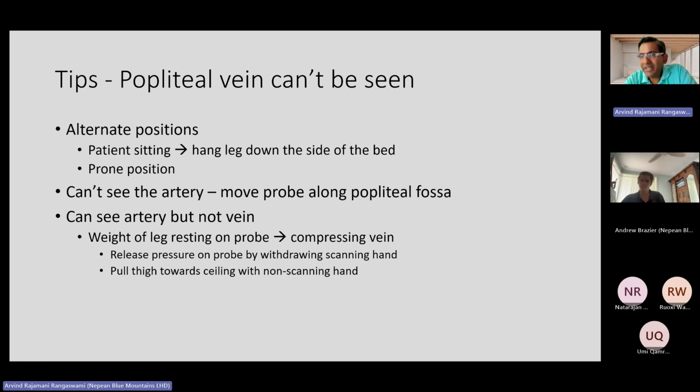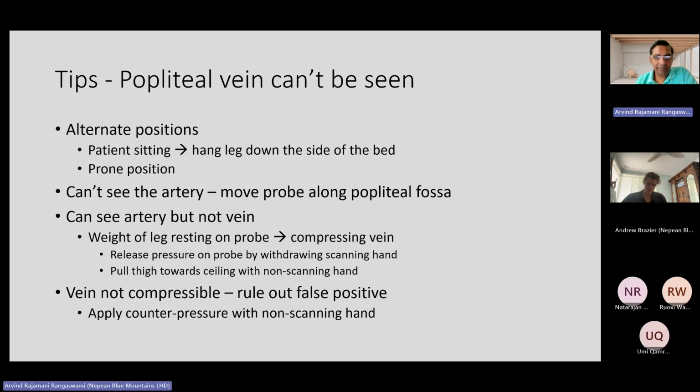Essentially, you've actually got a negative DVT test already. Okay, you've already done the full compression. Now, if you can't see the artery at all, it means you're completely in the wrong plane, and therefore you just have to move the probe widely across the popliteal fossa and pan the probe cephalocaudally in order to get it.